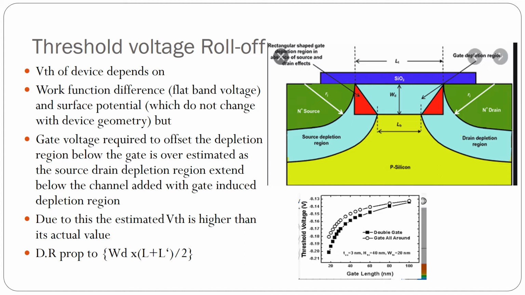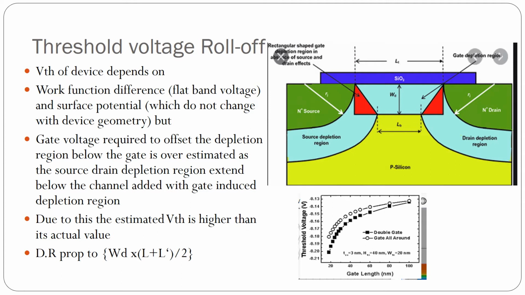So that is why the depletion region is overestimated, because the red area, that is the depletion region, is because of the source drain power supply. Actually the depletion region is trapezoidal, but the estimation is for the whole rectangle, so it includes both the red areas. As a result, using the older expressions, the depletion region is calculated as WD into L. Actually the new depletion region will be WD into (L plus L dash) by 2.